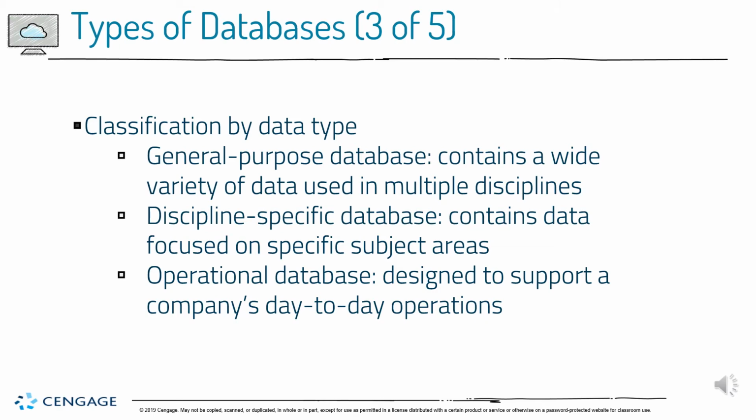Such transactions must be recorded accurately and immediately. A database that is designed primarily to support a company's day-to-day operations is classified as an operational database, also known as an online transaction processing or OLTP database, transactional database, or production database.